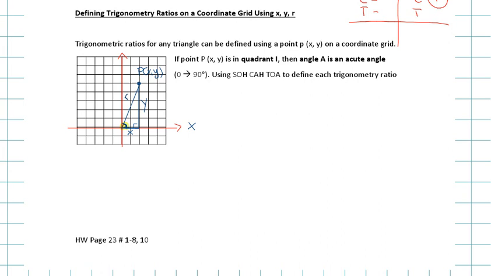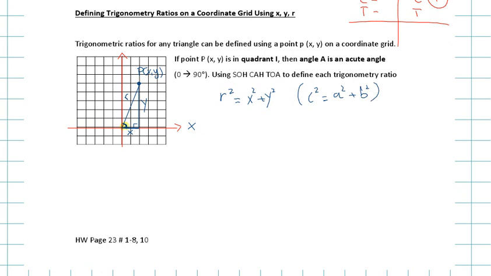This is your hypotenuse, so that's your C. So r squared equals x squared plus y squared, but I changed the letters: instead of C I have r, instead of A I have x, instead of B I have y.